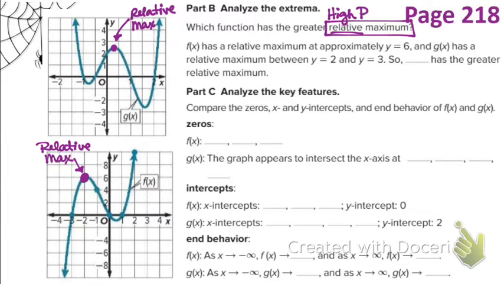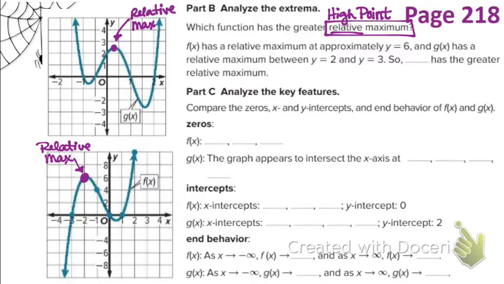Is that relative max on our graph g of x, is that the highest it ever goes? Why not? Arrows go up higher. On the graph of f of x, is that the highest the graph ever goes? Why not? Because the arrow on the right goes all the way up. On the right side, it goes up higher than that, right?